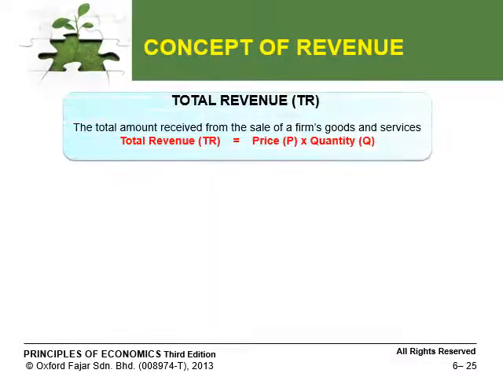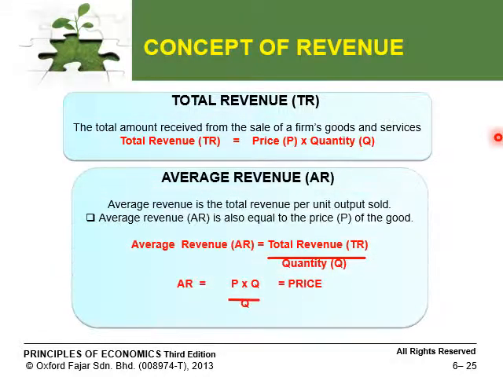Okay, after you complete and go through the theory of production and the theory of cost, there are some concepts of revenue the students have to understand and know in production and cost. So revenue is the amount gained by the company in monetary terms.